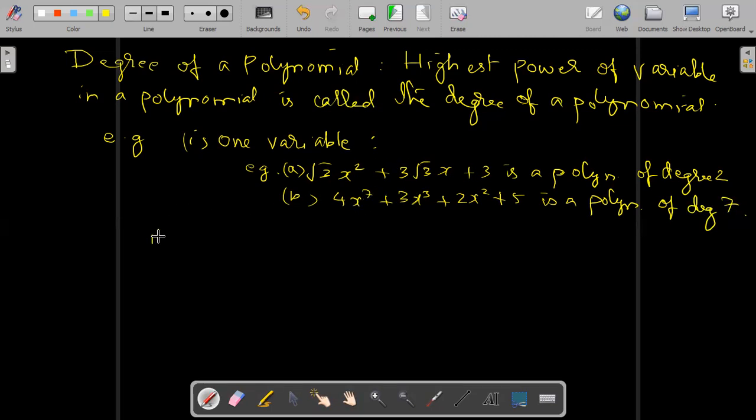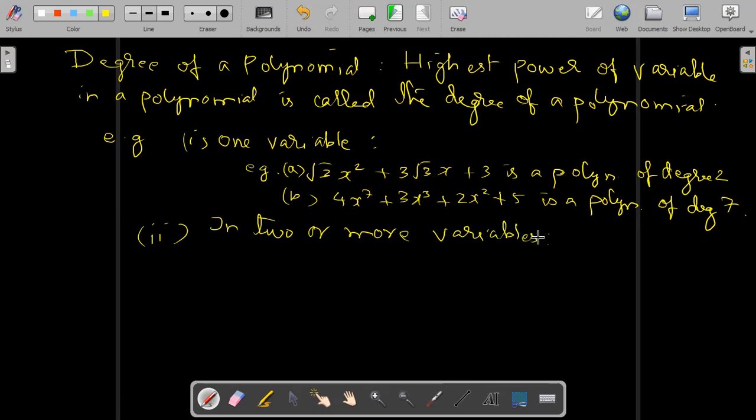If you have a polynomial in two or more variables, meaning it is in xy or xyz, it can be in more variables also.